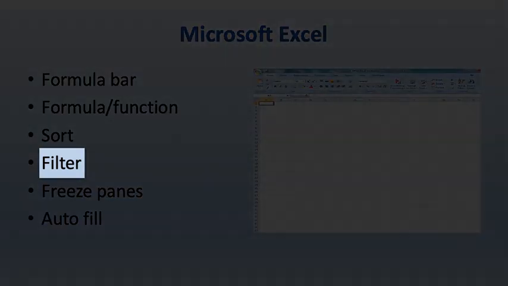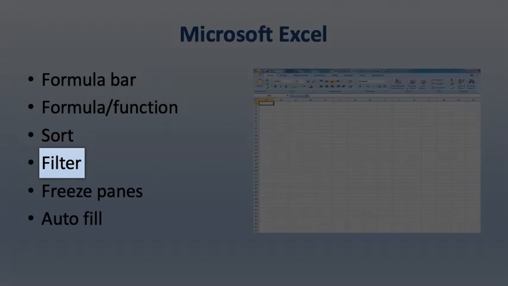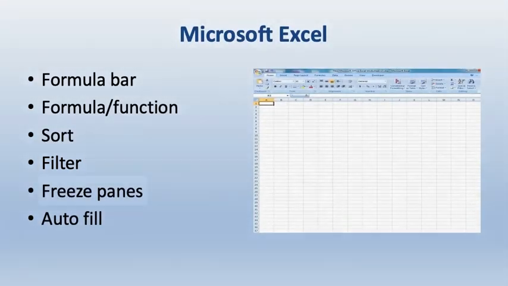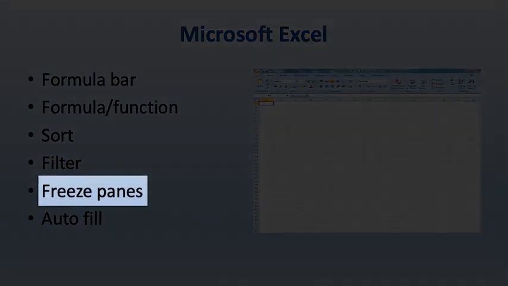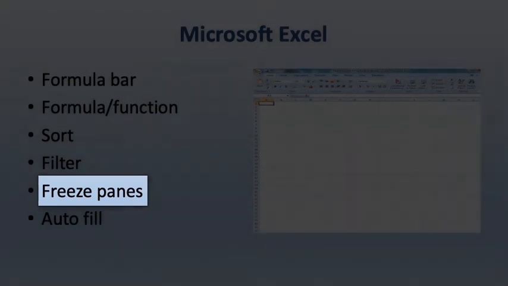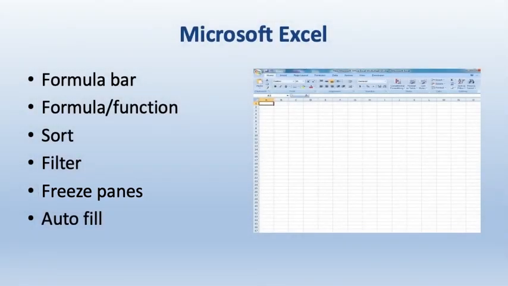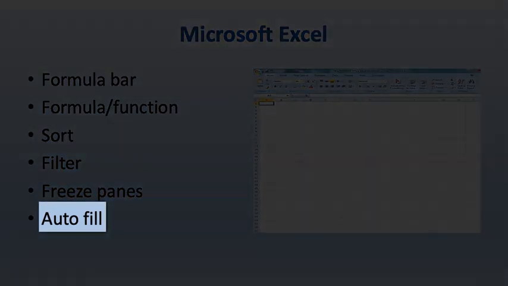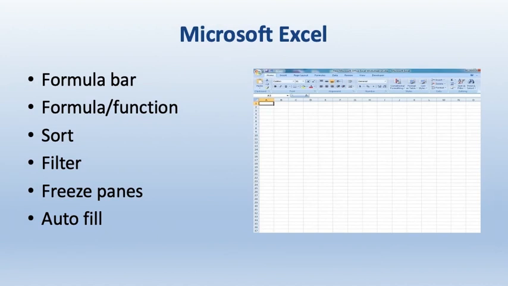And we'll also learn how to filter data, and that's cutting out data on a common characteristic. We'll learn how to freeze panes, so freeze the top row so you can keep scrolling but still see the header. And I'll talk about autofill, and that's a simple step that allows you to repeat your formula a million times with just one click of the mouse.